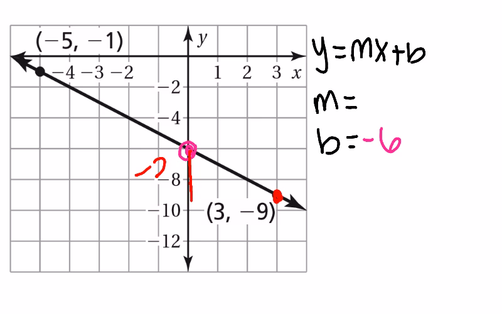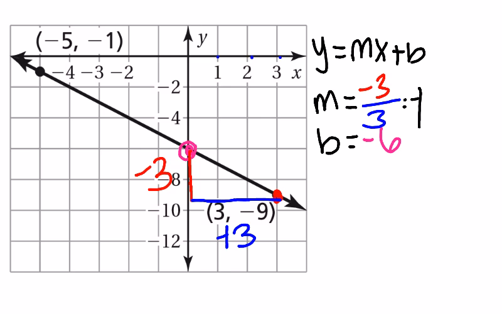So that's -3. And our horizontal change is going to be, it's going by ones, remember. 1, 2, 3. Since we're going to the right, it's going to be a +3. So our slope there is going to be -3 divided by +3. Well, what's -3 divided by 3? Our answer is going to be -1.